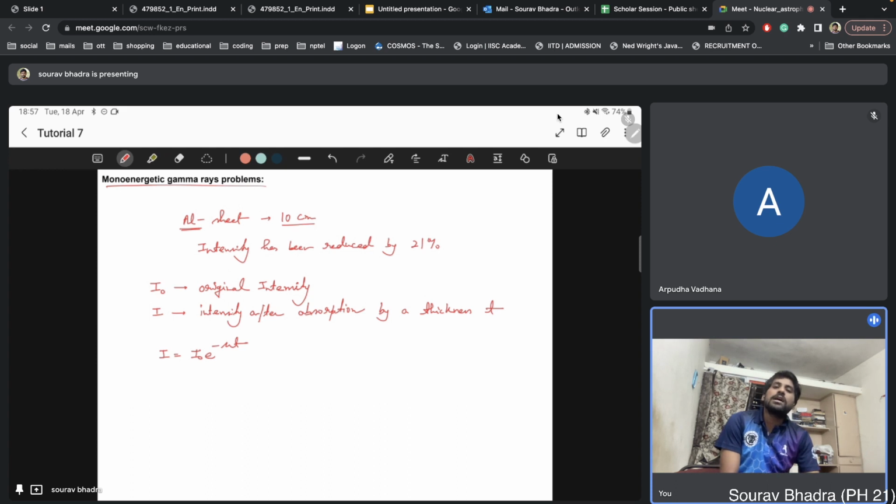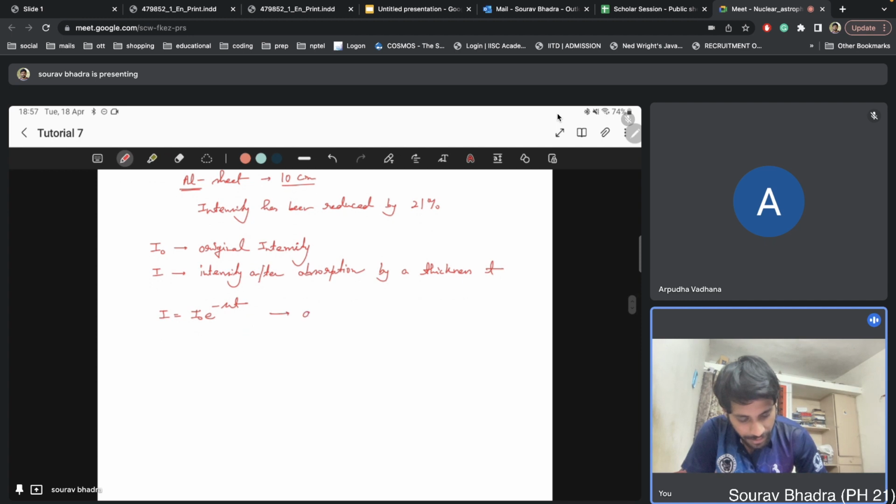This is an exponential law which holds for the absorption case: if you are starting with I0 intensity and the ray has propagated a thickness of T, then at that distance your intensity will be decreased by e to the power minus mu t. Okay. This is called the attenuation of gamma rays. Actually, this is attenuation.